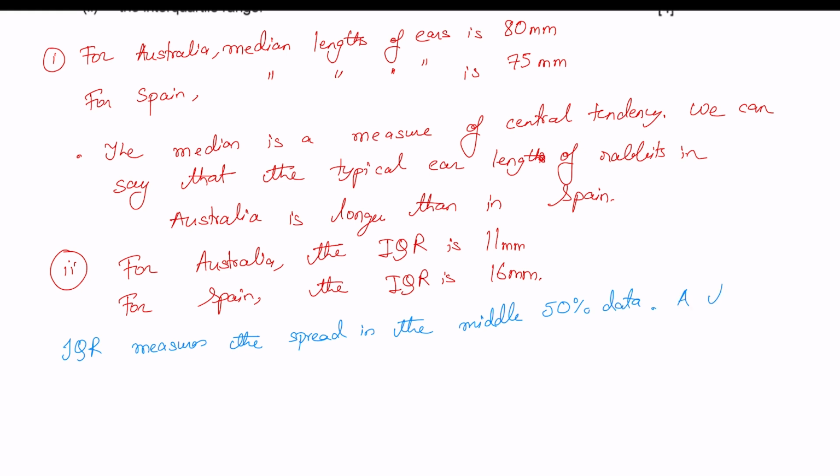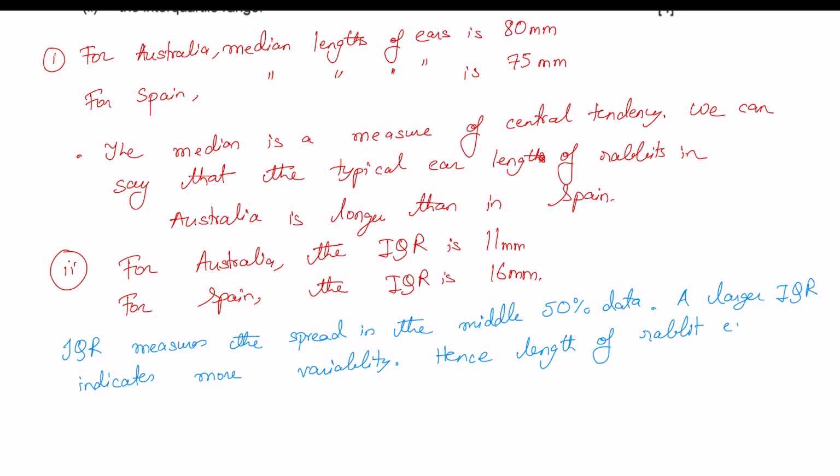A larger IQR indicates more variability. Hence, the lengths of rabbit ears in Spain are more variable than in Australia.